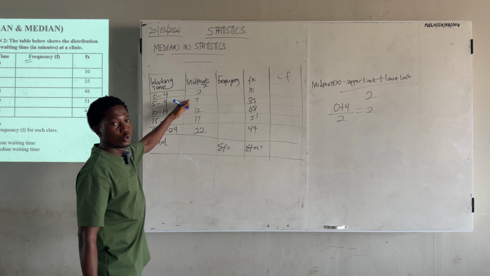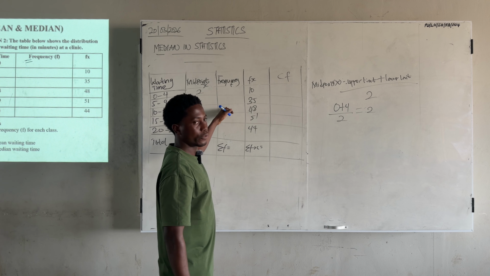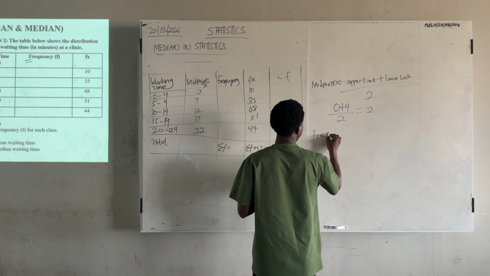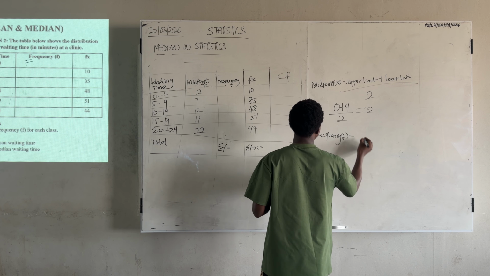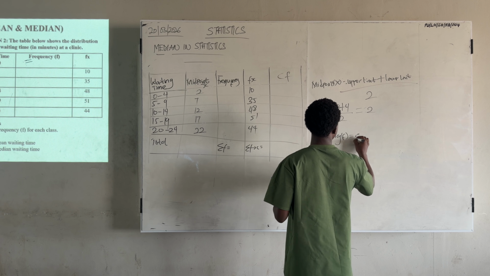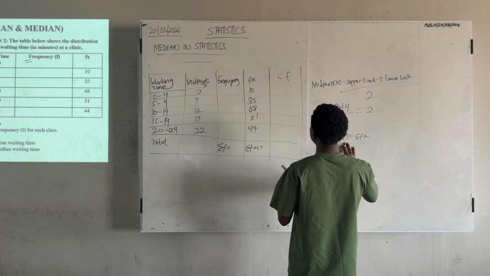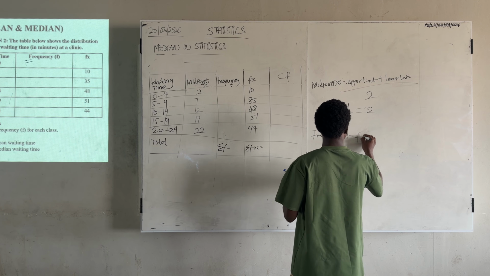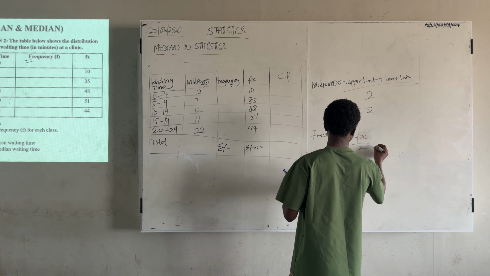Since we've been able to get our midpoint, we need to find our frequency. So frequency f is equal to fx over x.